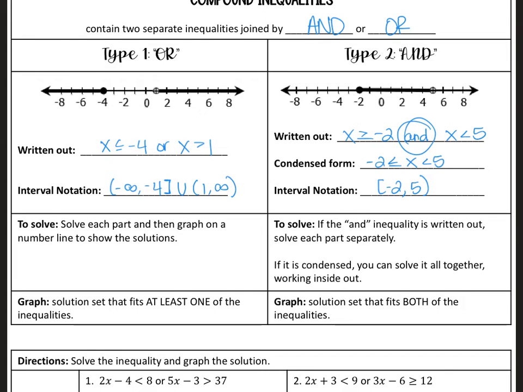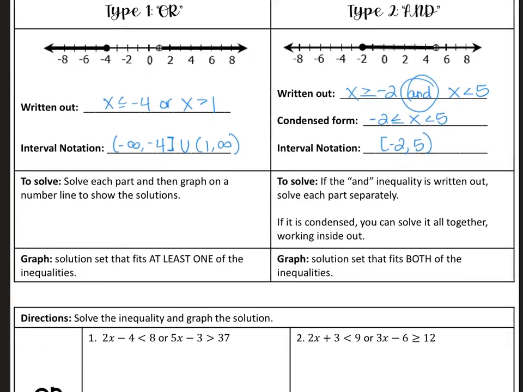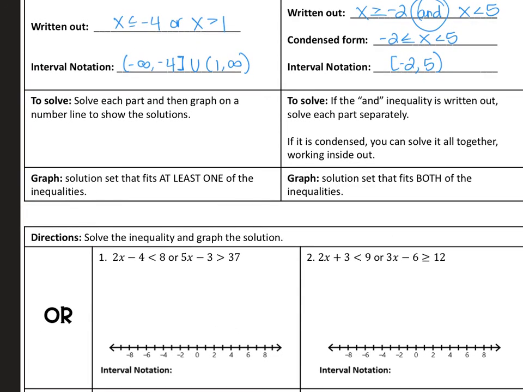So that is interval notation. All right, to solve these types of inequalities, if the and inequality is actually written out, you could just solve it each part separately. If it is condensed, you can solve it all together working inside out. So I will show an example of that so you aren't just hearing it in words. And the graph is just the solution set that fits both of the inequalities.